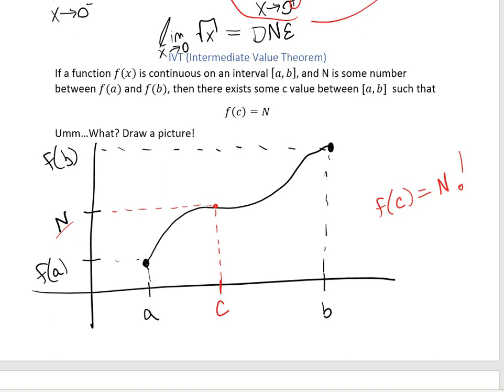So if my bank account only has $12 in it and then I get paid, it jumps from $12 to $512. Does that mean that at some point in time my bank statement had exactly $400 in it? Well, no, because it jumped. It's not a continuous addition. It's not like they sit there and put 1 penny at a time into my bank account.